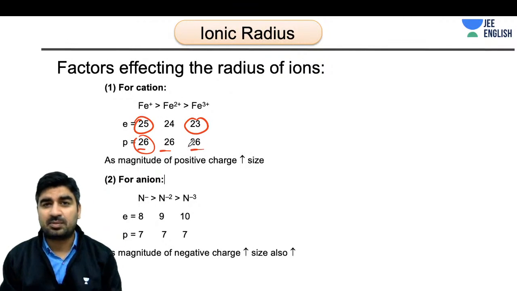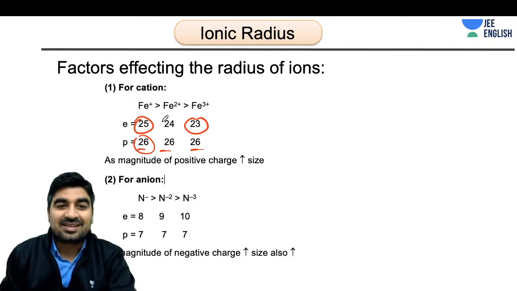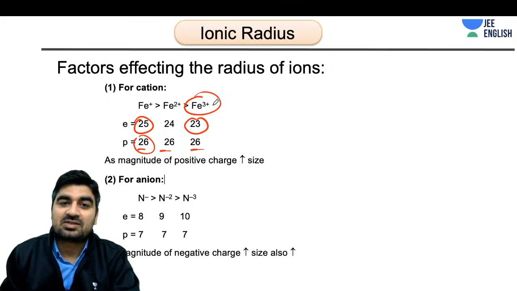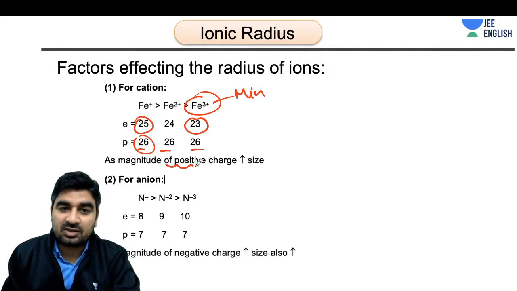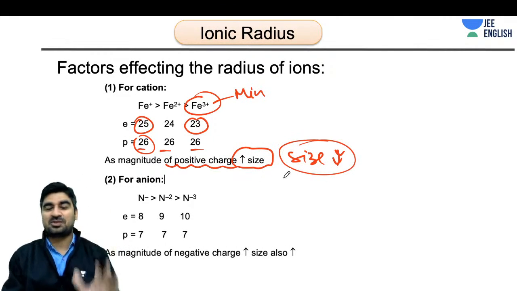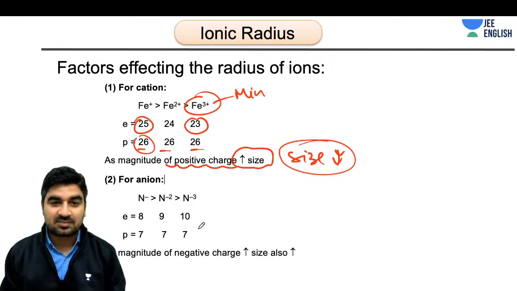In this case the attraction will be maximum, so the size will be minimum. So as the magnitude of positive charge increases, size decreases.